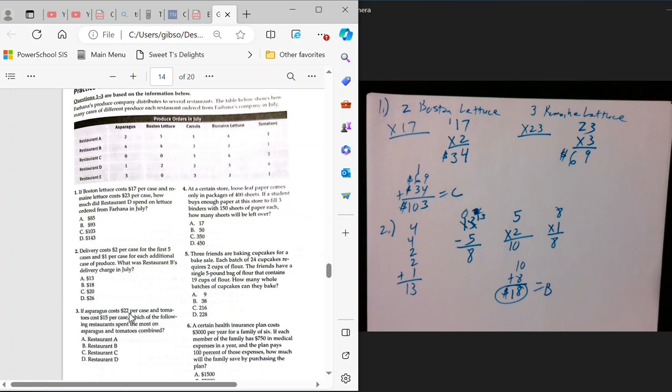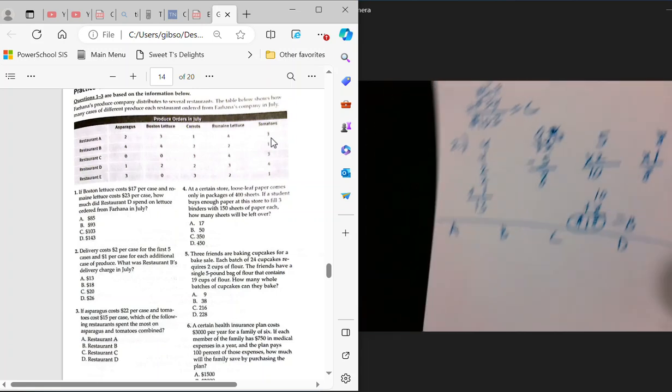Asparagus is $22 and tomatoes is 15. Let's take a look at restaurant A. Restaurant A has 2 asparagus and 3 tomatoes. I'm going to put A here, B, C, and D, and we'll figure it out for each one.